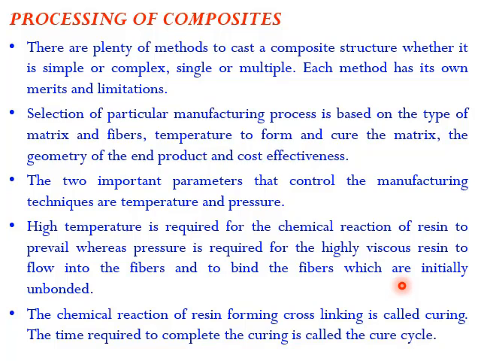We need to compress, or apply pressure, so that there will be compaction between the matrix and the fiber material, which gives a proper interface, thereby giving a high strength to the composite material.